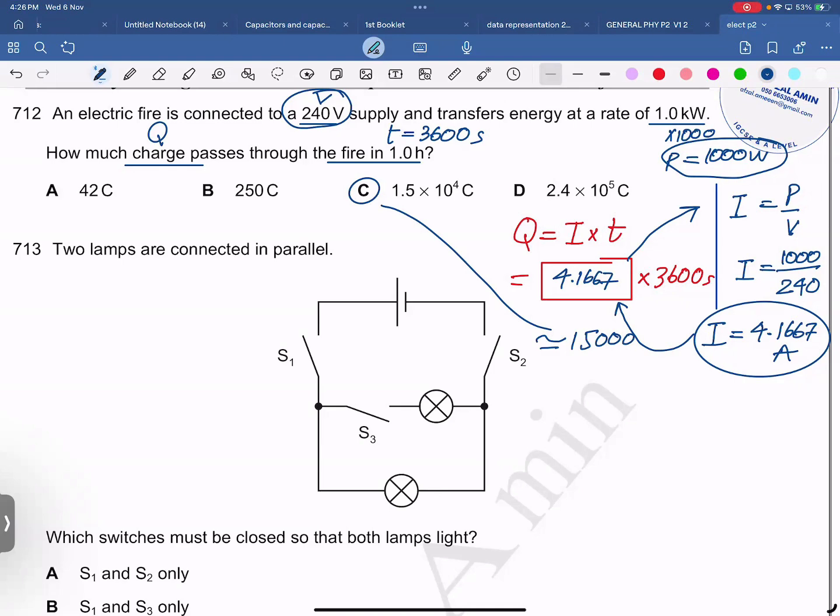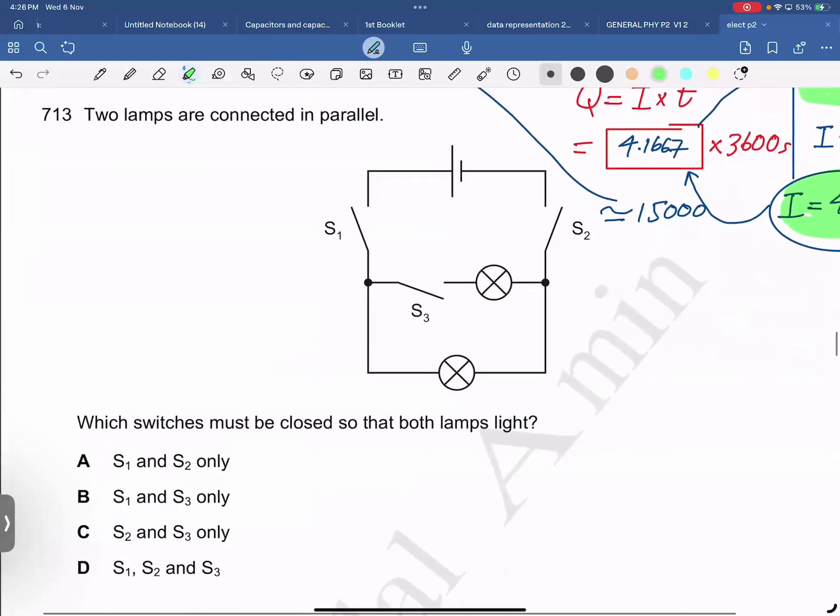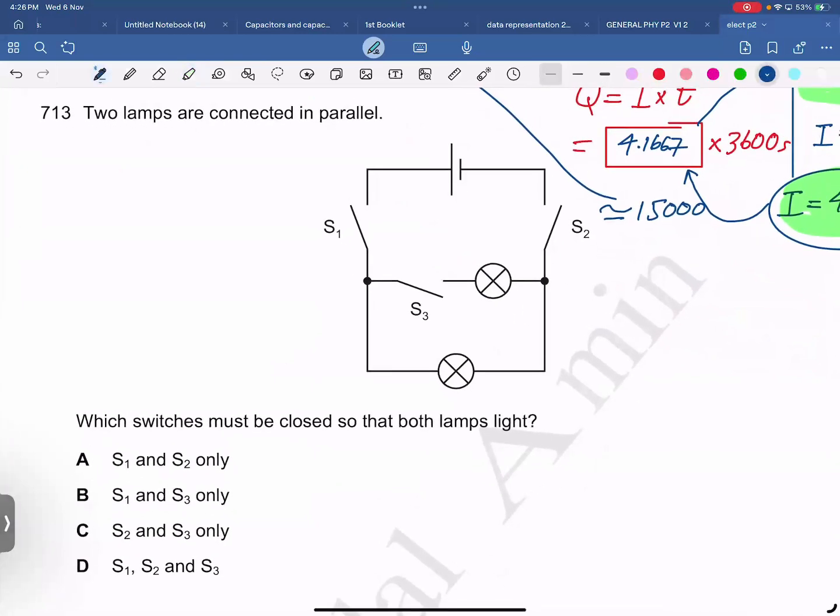Indirect question. First, your task was to use the power and the voltage and find current using this formula. Once you found the current, you can substitute in the charge equation, and you get the charge. Question number 713.